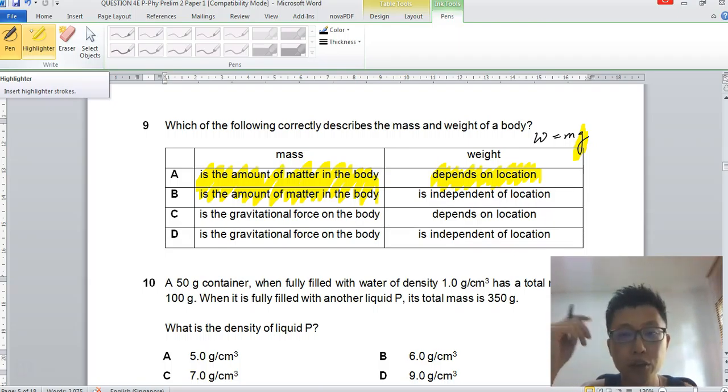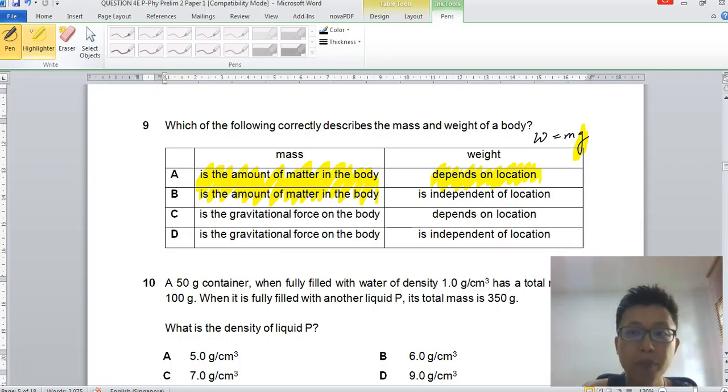I'm not saying that you will weigh less if you climb to the 12th floor. That kind of height is still not drastic enough. What I'm saying is, on sea level compared to the top of the Himalaya, that kind of height difference will have a small effect on the g. So strictly speaking, the weight will depend on the location. But if we are just talking about a roller coaster ride and things like that, we take g as constant.